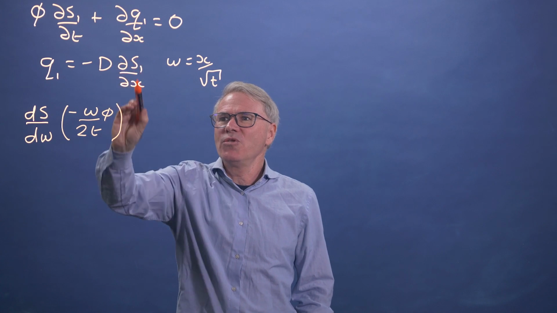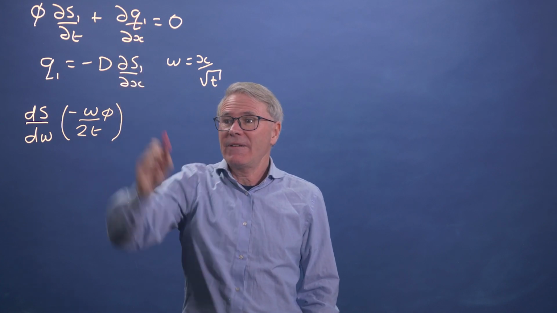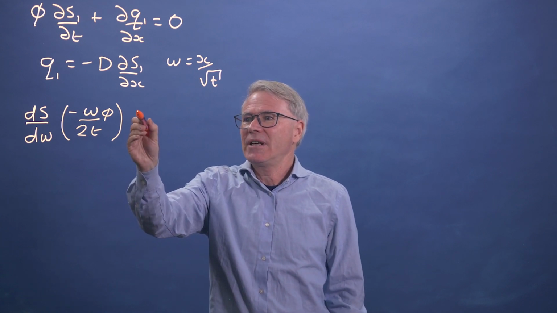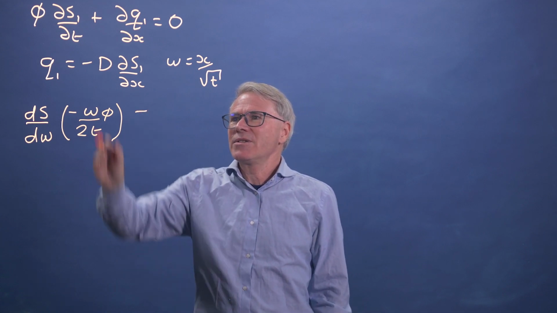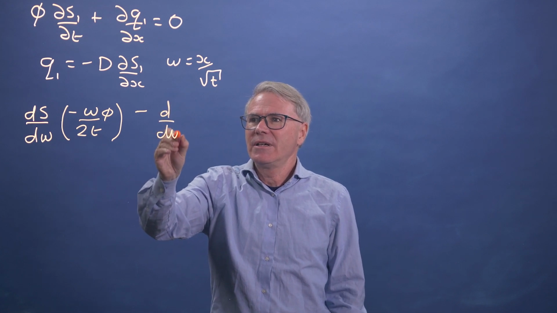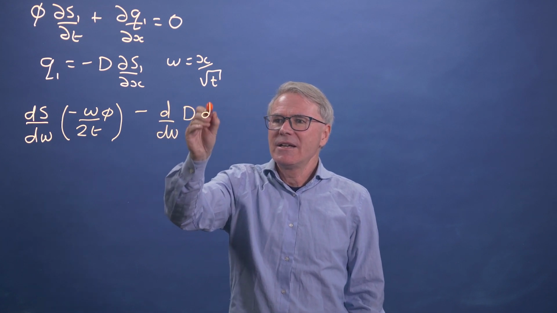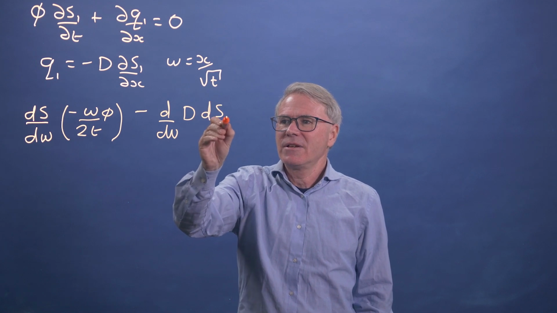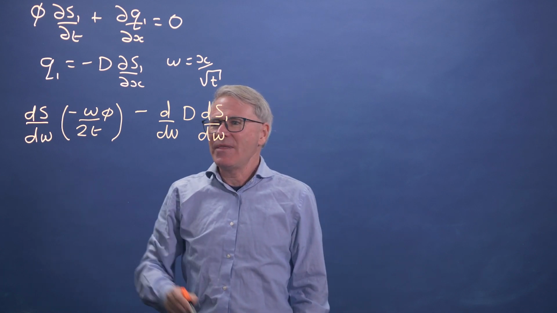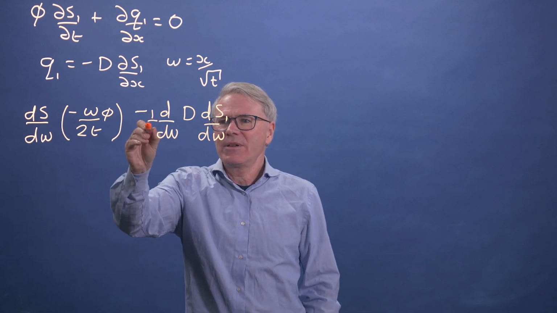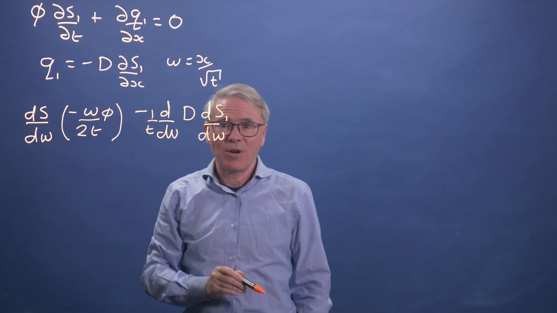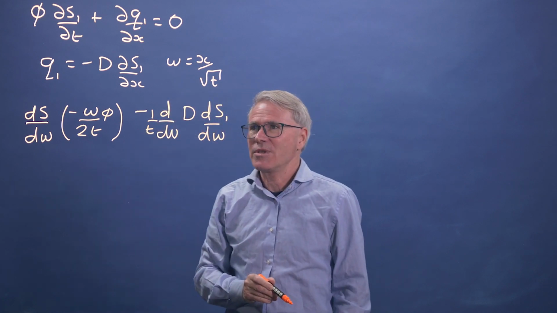Here we've got two derivatives. So that's going to equal minus d by d omega of D dS by d omega. And there's going to be a 1 over t term, because when I do it once, I get a root t. I'm doing it twice, so I'm going to get a root t here.